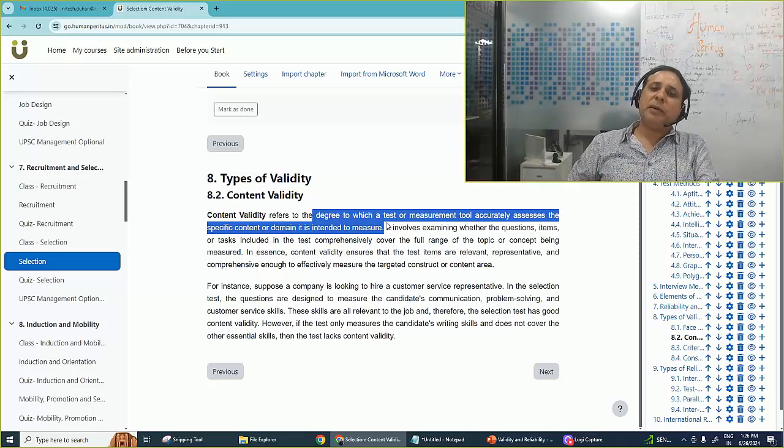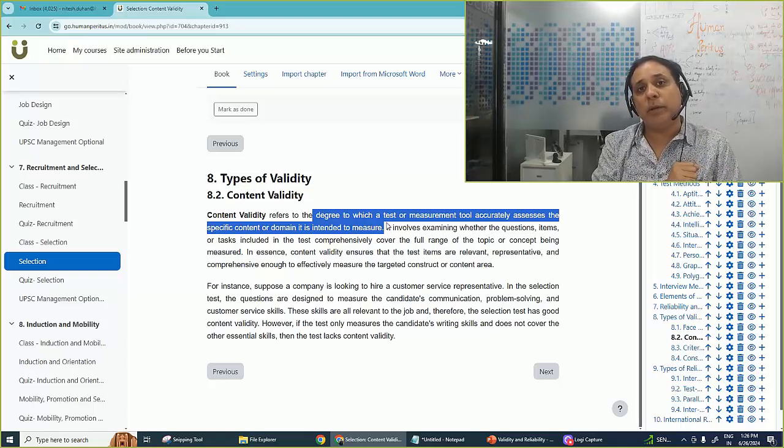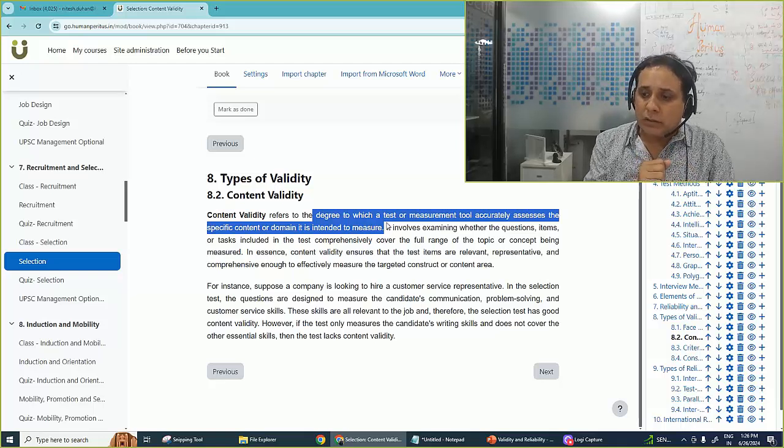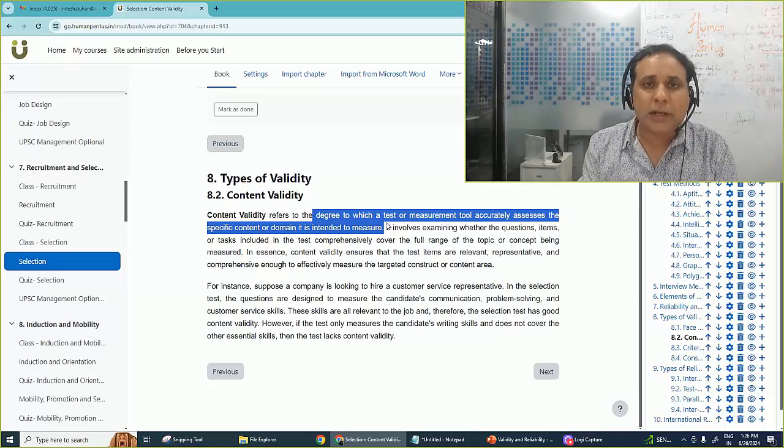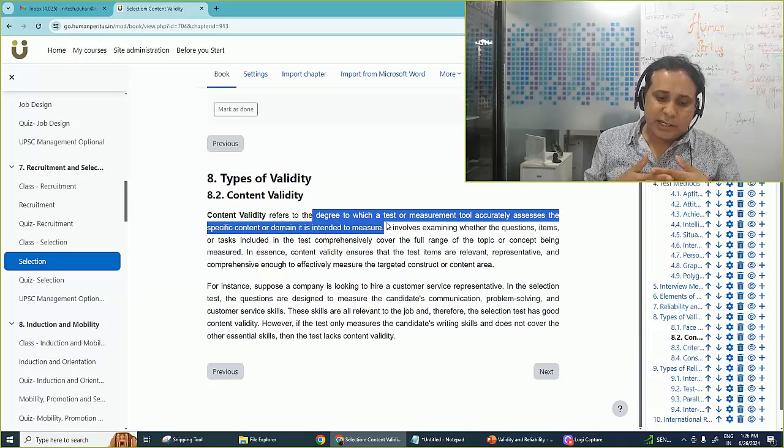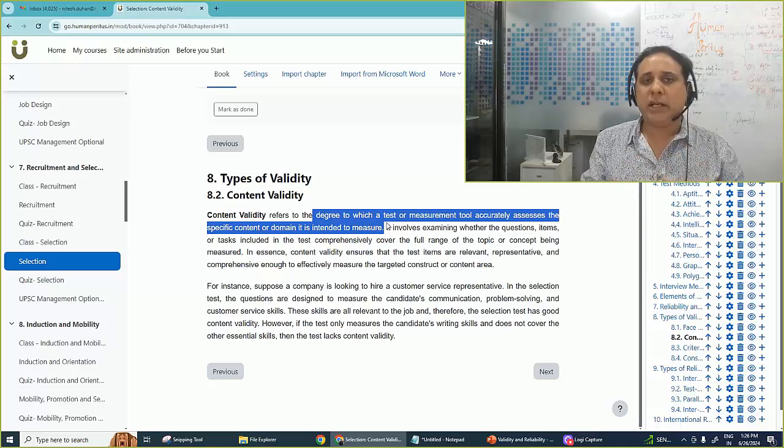For example, if I'm trying to hire a software engineer, another example. For the software engineer, I need people who have a good skill set in Java also, C++ also, Python also.